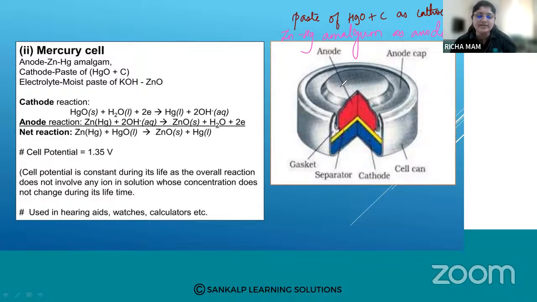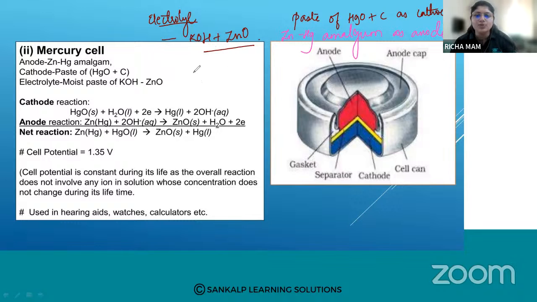The electrolyte is a paste of KOH and ZnO, that is zinc oxide. So this is the construction.